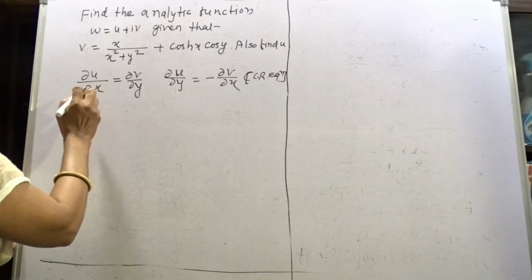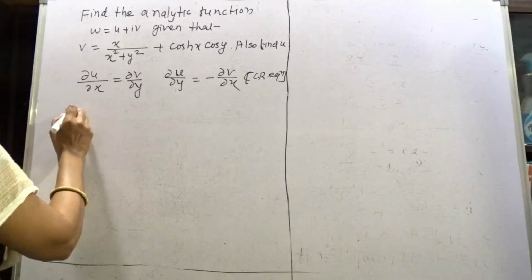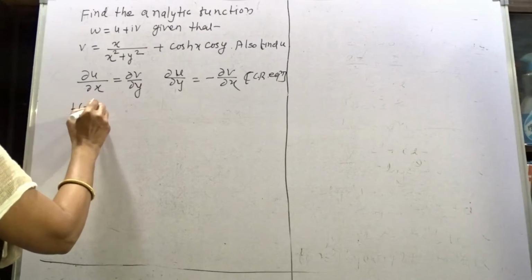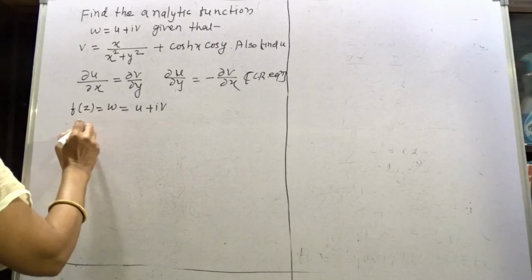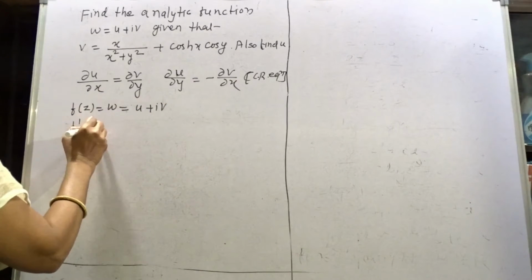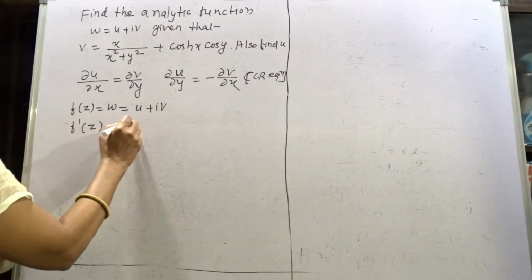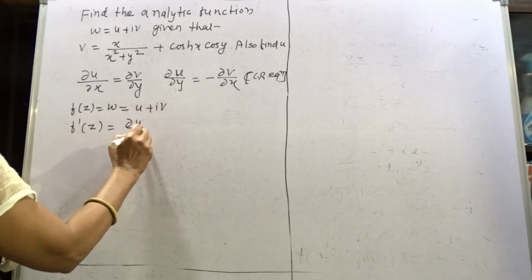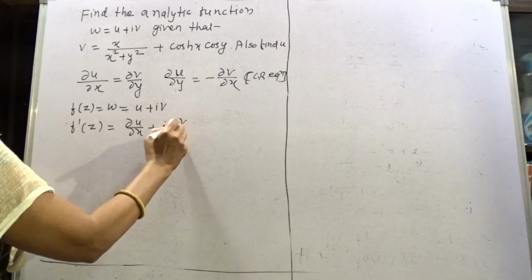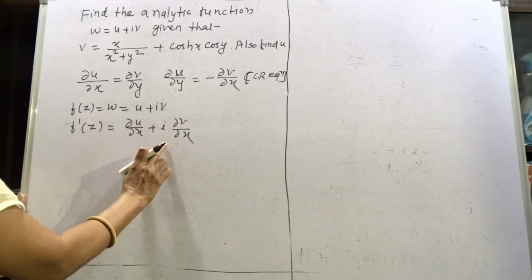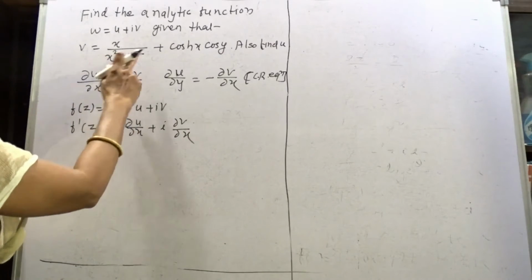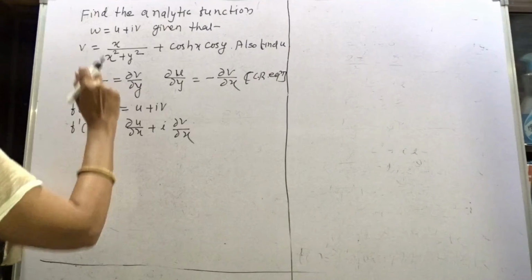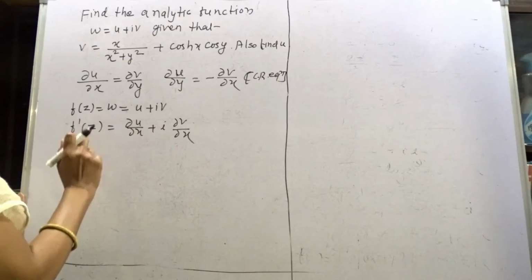So now w is equal to f of z is equal to u plus iv. Now f dash of z, if we differentiate it with respect to x, is del u upon del x plus i del v upon del x. We can find del v upon del x from here, but u is not given, so we can't put the value of del u upon del x.